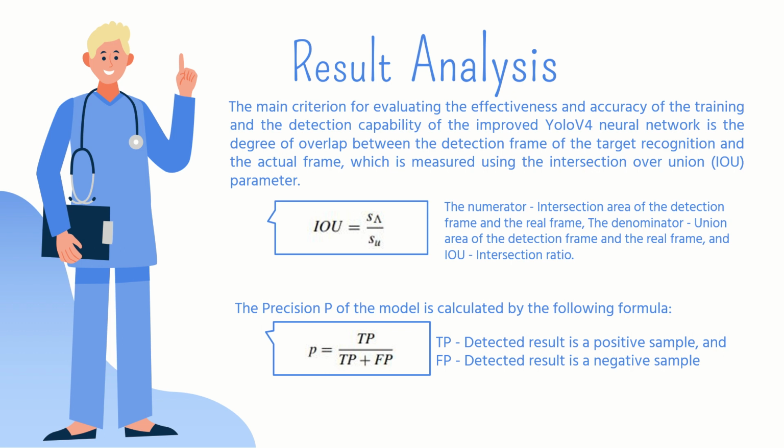It is done by using a ratio known as intersection over union, IOU, which is calculated by the formula IOU is equal to S delta by SU, and the precision of the model is calculated using the formula P is equal to TP by TP plus FP. TP means the detected result is a positive sample, and FP means the detected result is a negative sample.